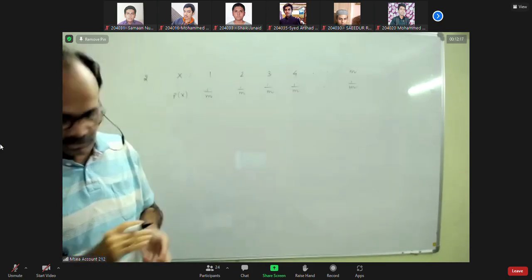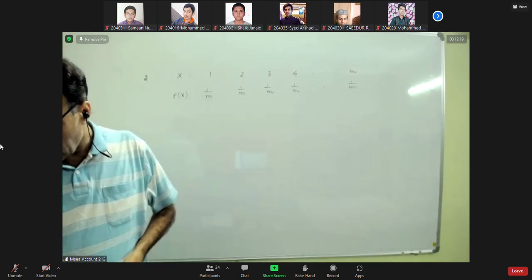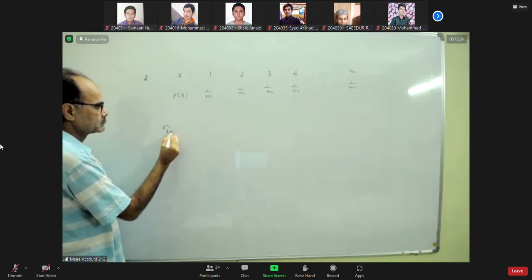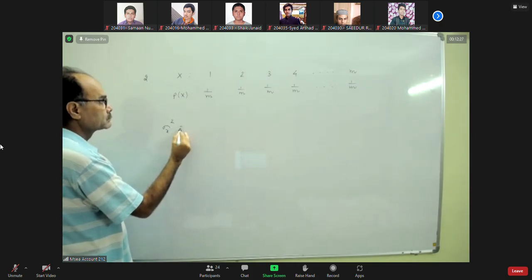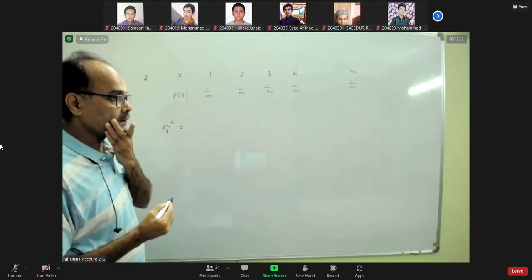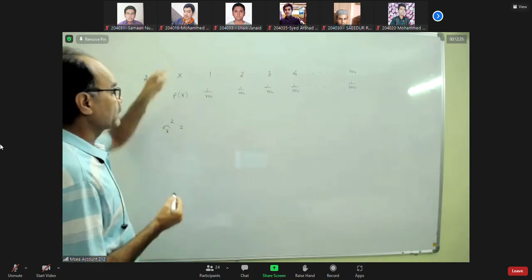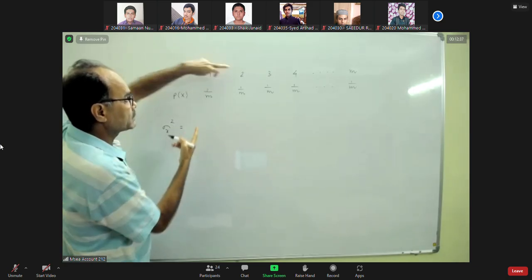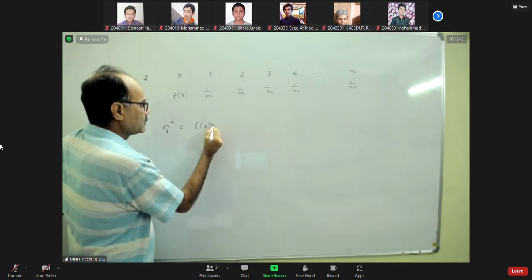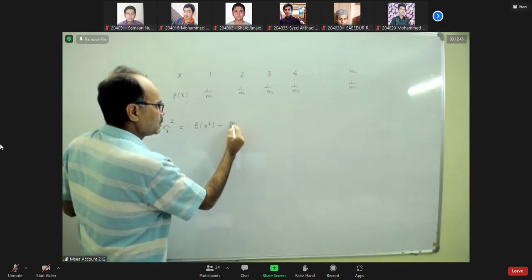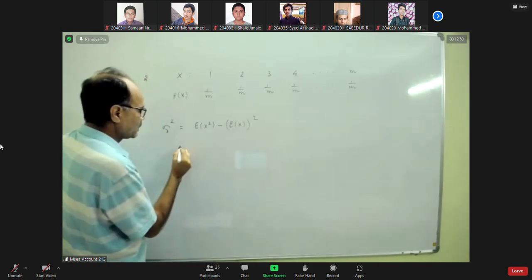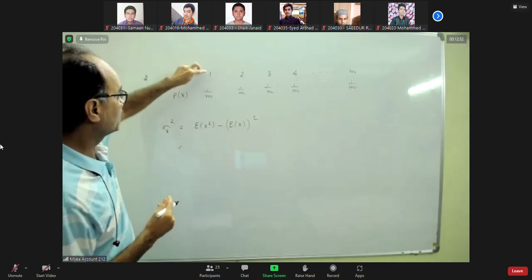One by n. What would happen? Variation factor. What is that? Summation of squares, E of x square: 1 square into this plus 2 square into this. The value of the square, 1 square is 1 by n.